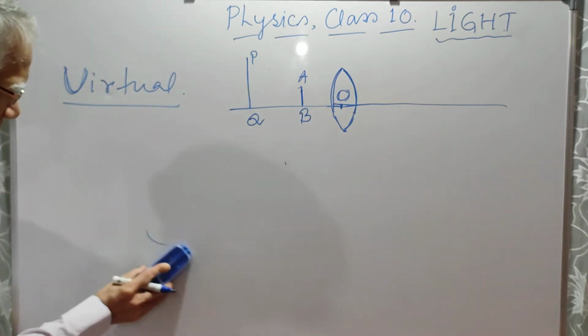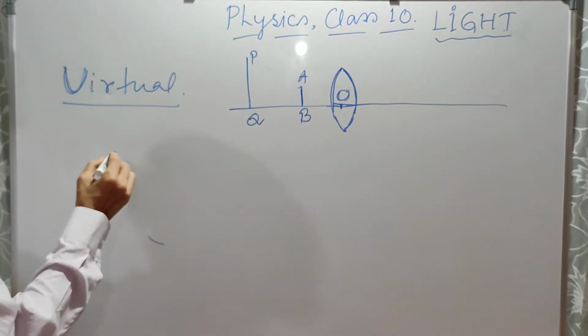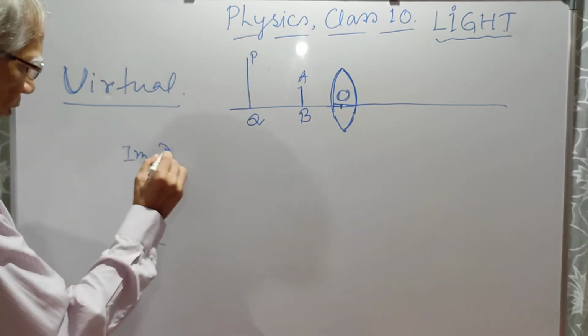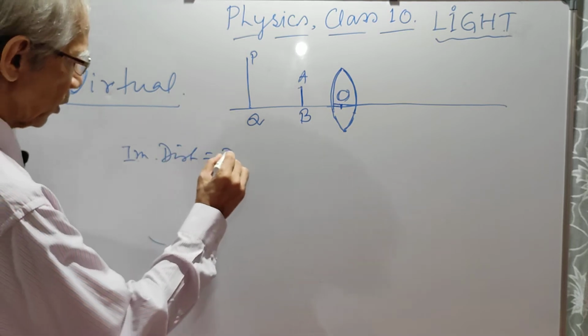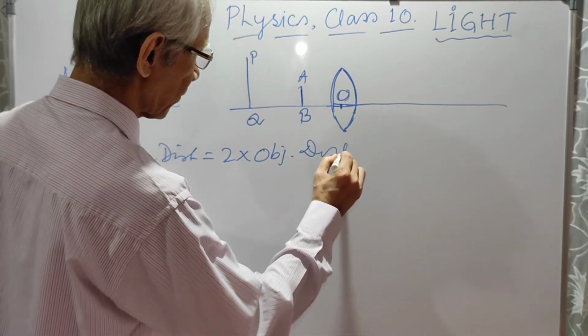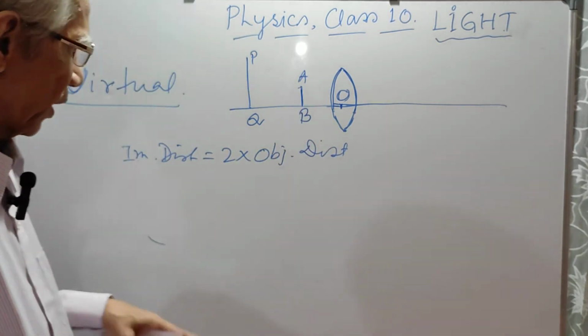Like before, you get that relation: image distance is equal to 2 times the object distance, as I showed you in the previous case.